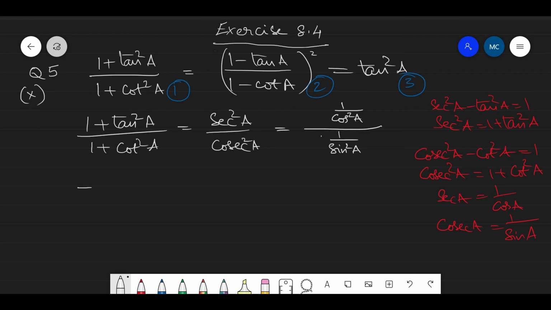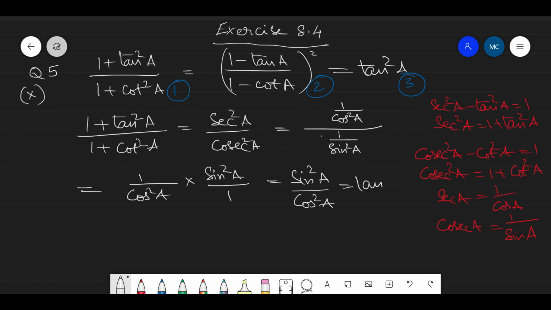Now this will become 1 by cos square A into sin square A by 1, because when you are dividing two fractions like this, the second fraction will become reciprocal and product. So this will be sin square A by cos square A, that is equal to tan square A. So from 1 we got now 3. So we got 1 is equal to 3. Now we'll see the next part.